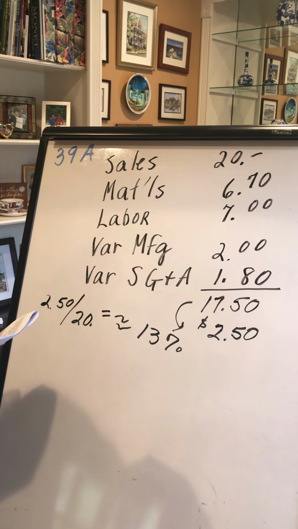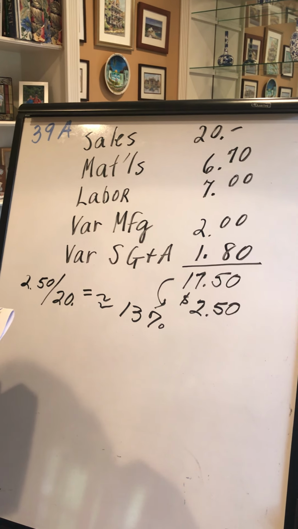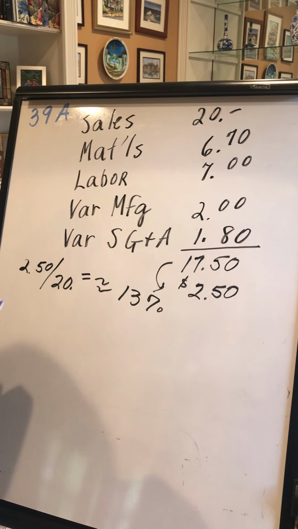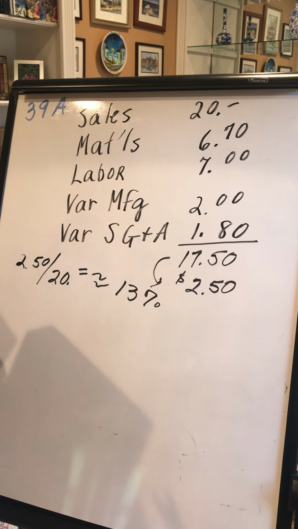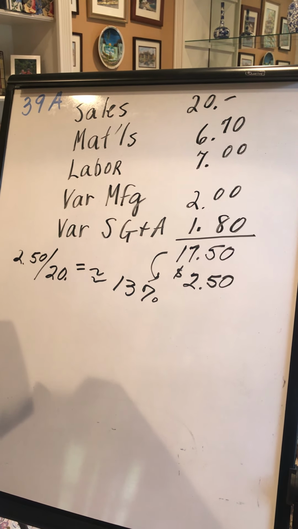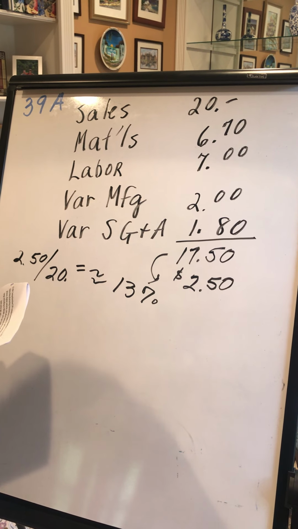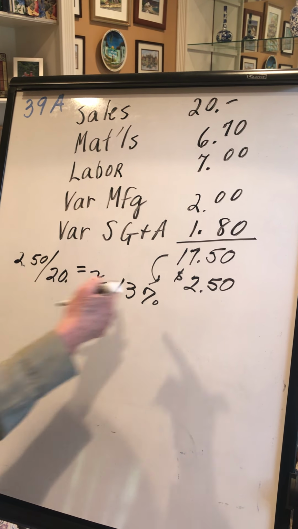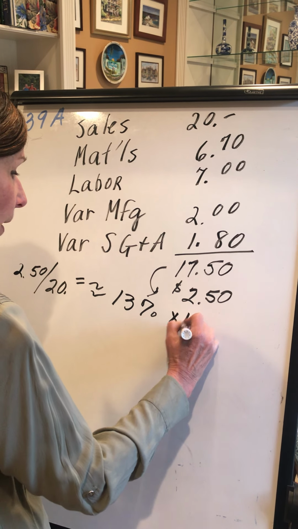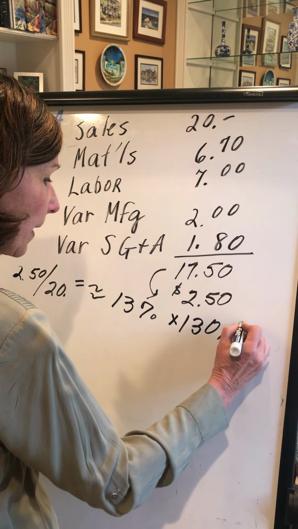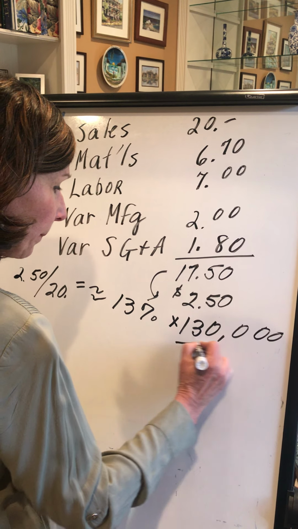And lastly, item 1. What is the total contribution margin? Well, they tell us in the problem that they're going to plan to sell 130,000 units. So the total contribution margin will be $2.50 times 130,000 units.